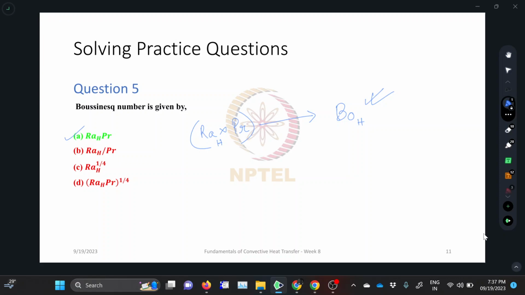So whether it would be a buoyancy dominated flow or a flow dominated case would be determined by this number.